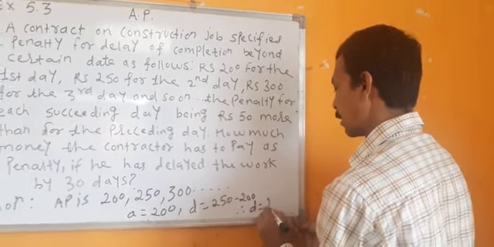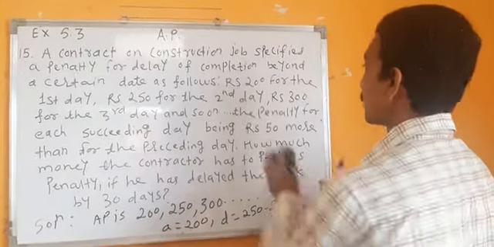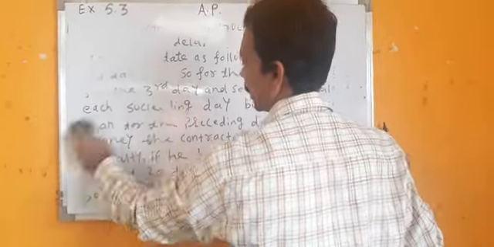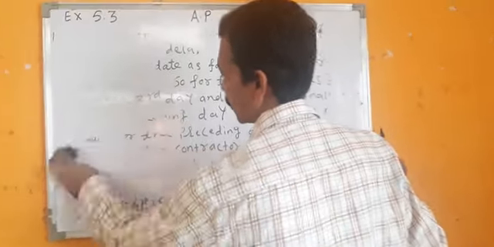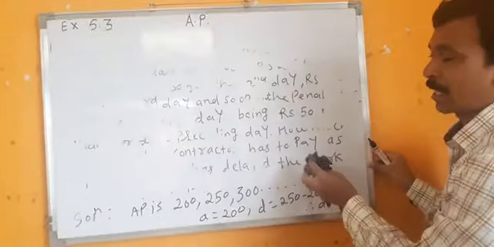Therefore, d is equal to rupees 50. Now I will rub the sum because the sum is very big. N is given, 30 days. So we have to use the formula for Sn.